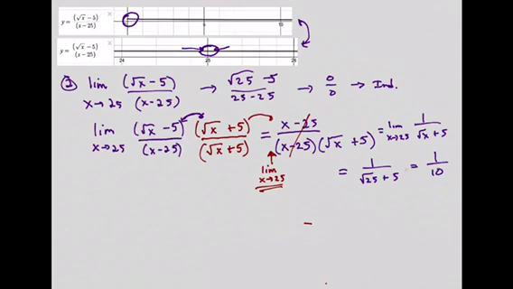So I have just found that at the coordinates 25 and 1/10, the function that we were working has a hole at that point. So this would be up here, the point 25, 1/10, and the graph would have a hole there. So this is a good time to pause, and I'll get back to the third and final problem.